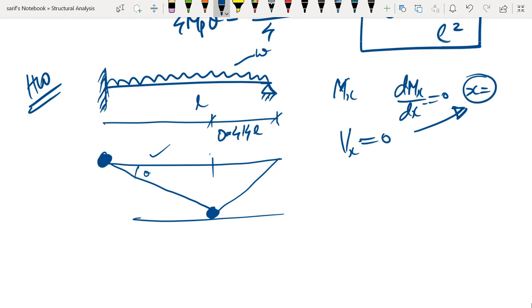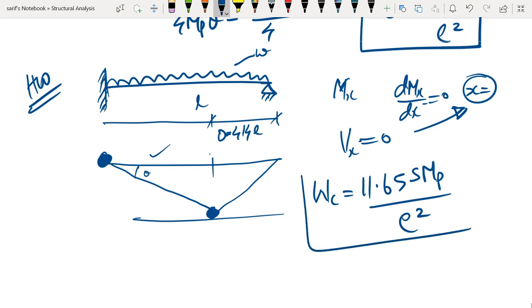So the collapse load for a propped cantilever with UDL on it is going to be Wcu equal to 11.655 Mp by L square. So this will be the value of the collapse load. You can do this as homework.